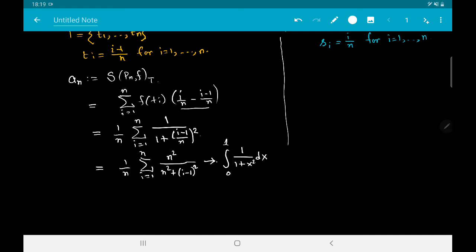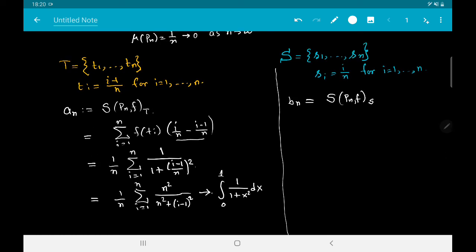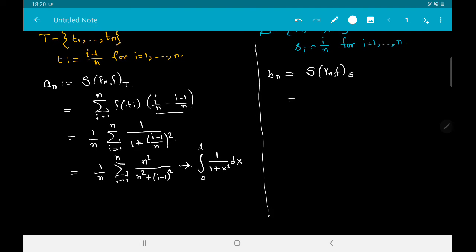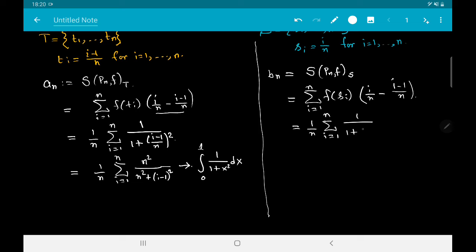Now what do we do here? Here we get the sequence Bn, which is of the form S(P, f), and let me write the set S as a subscript. Here also we play the same game: summation i equal to 1 to n of f(si), which is nothing but i by n, times (i divided by n minus (i minus 1) divided by n), and we know that this 1 by n comes out of the summation, leaving 1 plus (i by n) whole squared in the denominator.